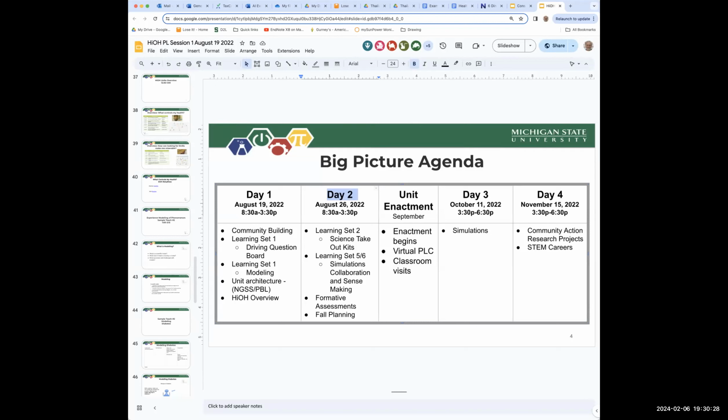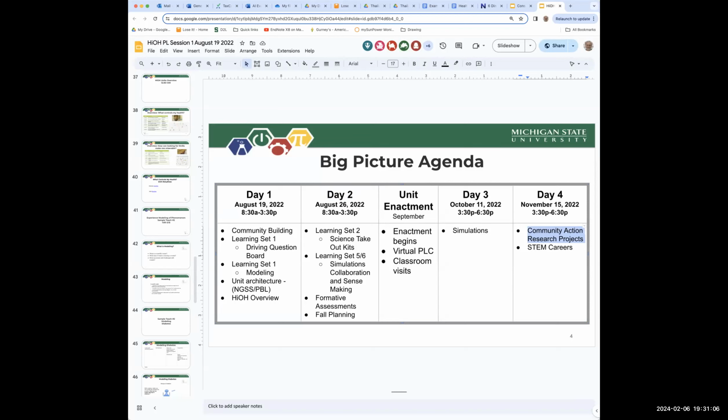In day 4, the teachers shared what their students did in learning set 7, the community action projects. Right, so here, because we're working with in-service teachers, many of the teachers have not done any kind of scientific research since they were in college.